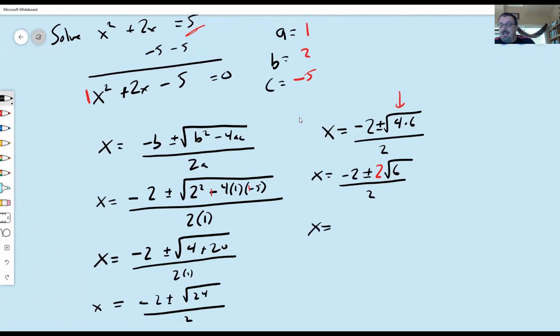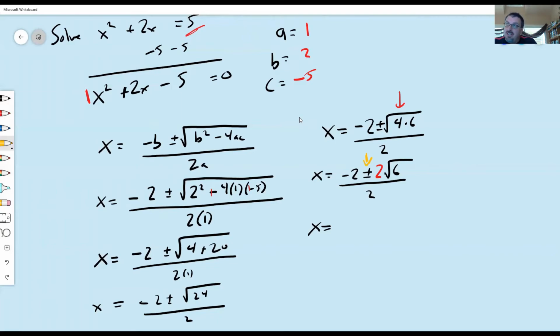Now I'm ready to simplify this fraction. Remember, in a fraction, you can only divide out common factors between top and bottom. So yes, there are 2's on top, but because of that plus and minus in the middle, I don't have factors, so I have to take out a common factor. In the first term, 2 is a common factor. In the second term, I have 2 square root of 6.